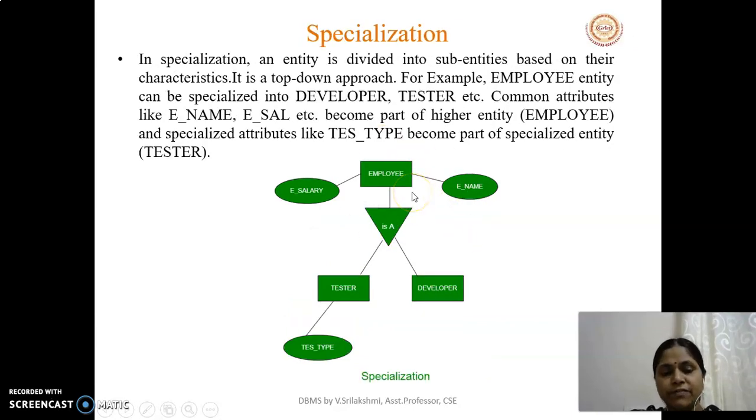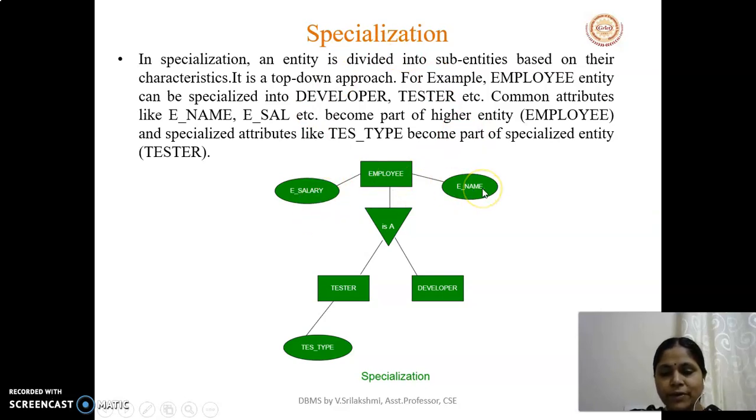The next type in the enhanced ER model is specialization. In specialization, the entity is divided into sub-entities based on their characteristics. It is a top-down approach. When compared to generalization, here we have the entity employee.